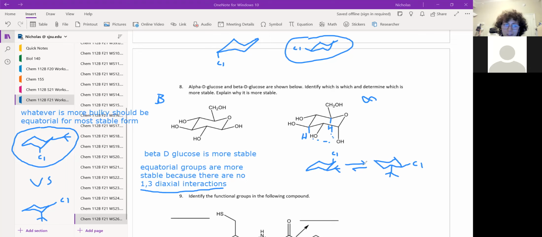So you just have to pick the lesser of two evils. But if you were drawing a structure and you wanted it to be the most stable, then put everything equatorial. That's the best case scenario. So yeah, all good questions.